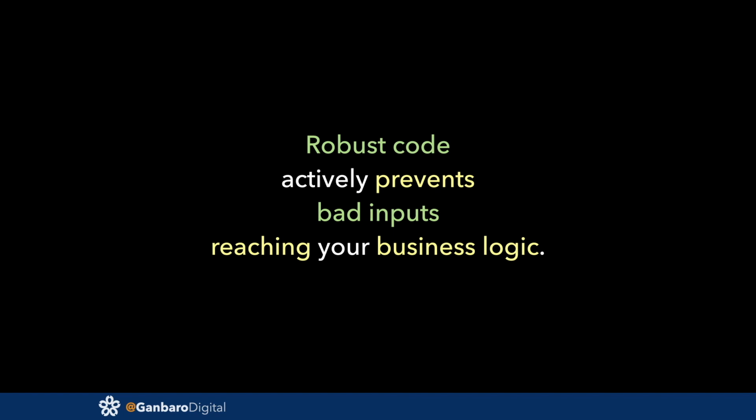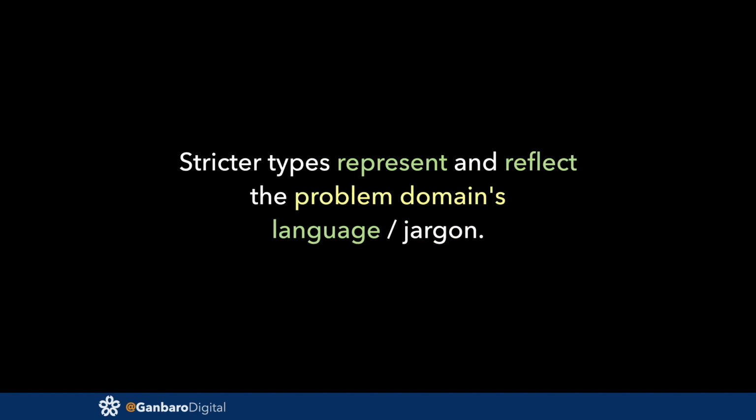It's protecting your business logic so that it can work with data it can trust. And if you're using stricter types to do this, you're going to end up with stricter types that reflect your problem domain's language or jargon.